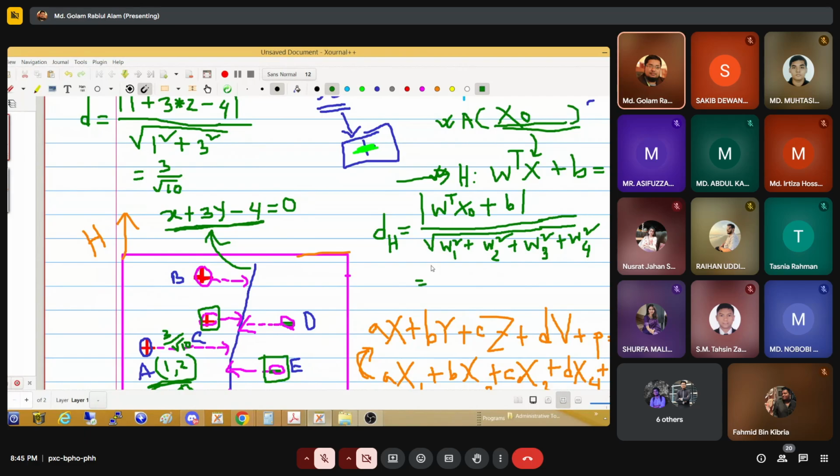This one is called the Euclidean norm, actually the length of this vector.